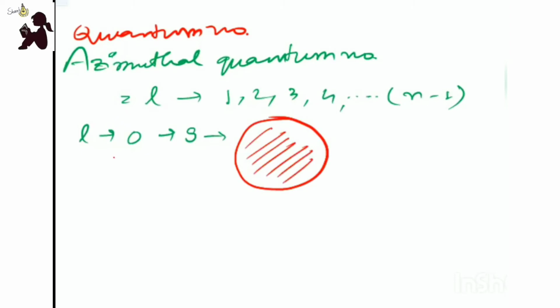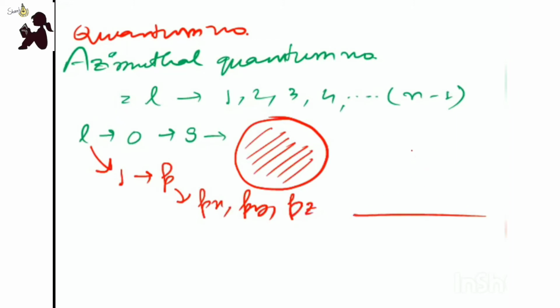Now, if L is 1, it is denoted as p orbital. P orbitals are three types: px, py, pz. So you can draw them like this. Let us suppose this is px.